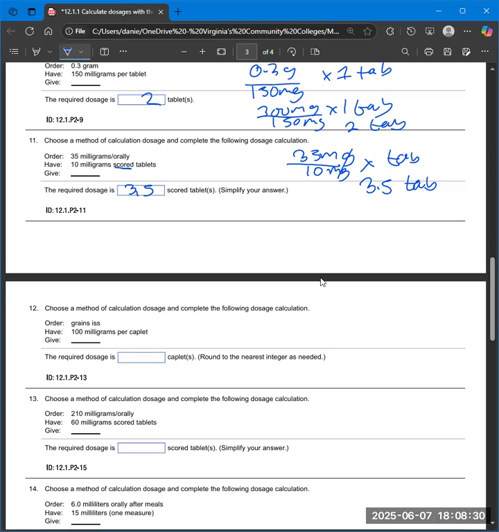Order is for 1.5 grains. So let's change grains to milligrams. 1.5 times 60 milligrams is 60 and 30. That's 90 milligrams for the order. Divided by, we have 100 milligrams per cap.